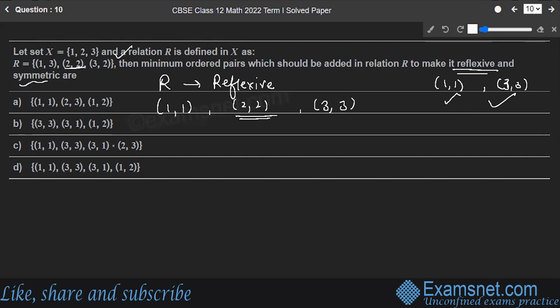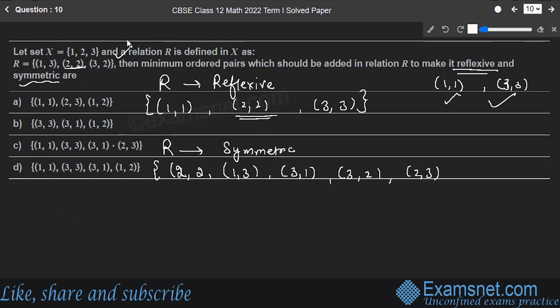Second, it should be symmetric. For R to be symmetric, it will contain (2, 2), (1, 3), (3, 1), (3, 2), and (2, 3). Then only it will be symmetric.